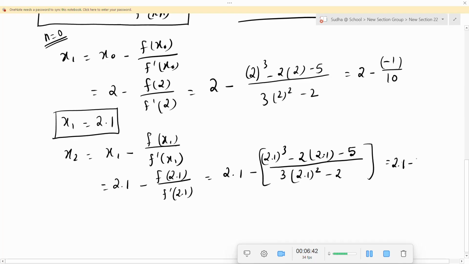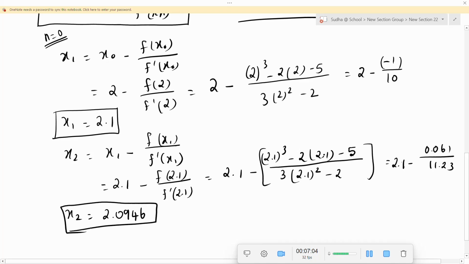So 2.1 minus 0.061 divided by 11.23. Using a calculator to simplify, we'll get the x2 value 2.0946.